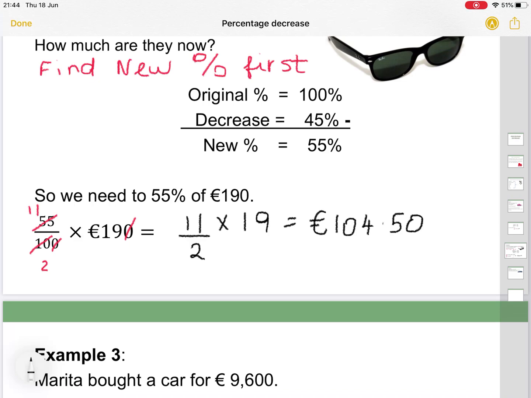So the price of the sunglasses now during the sale is 104 euro and 50 cents. The price decreased from 190 to 104.50, so it makes sense.